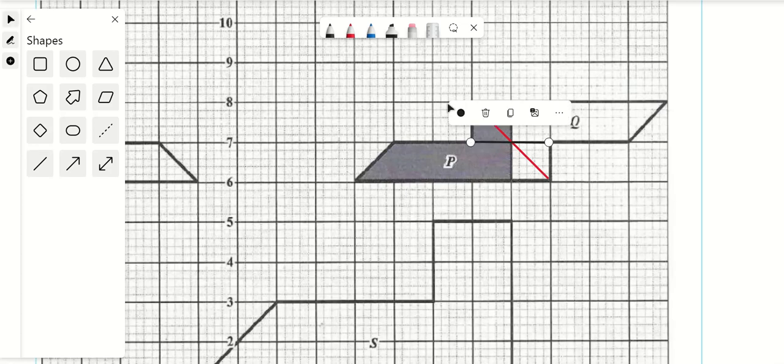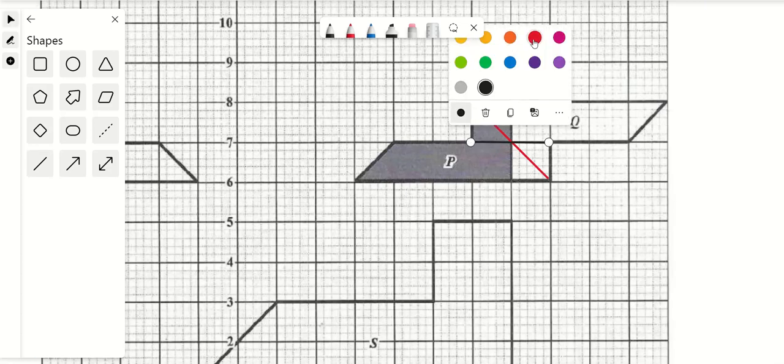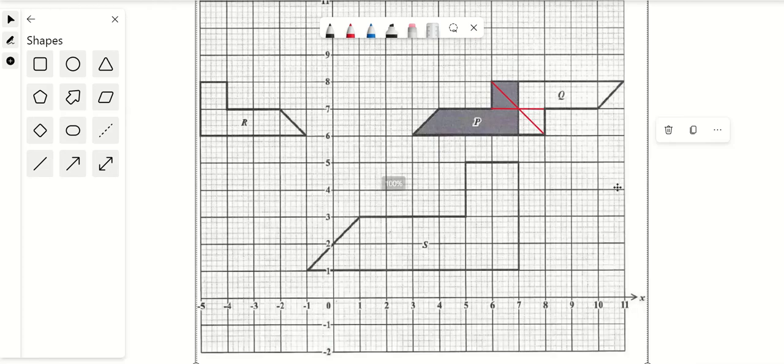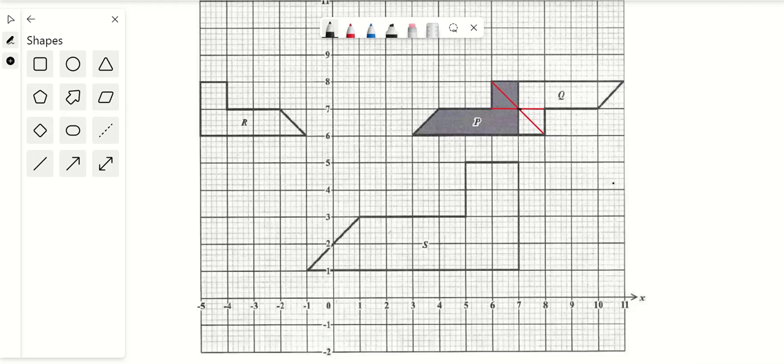Where they intersect would be the center of rotation, right here. X is 7, Y is 7. So my center of rotation is 7, 7.